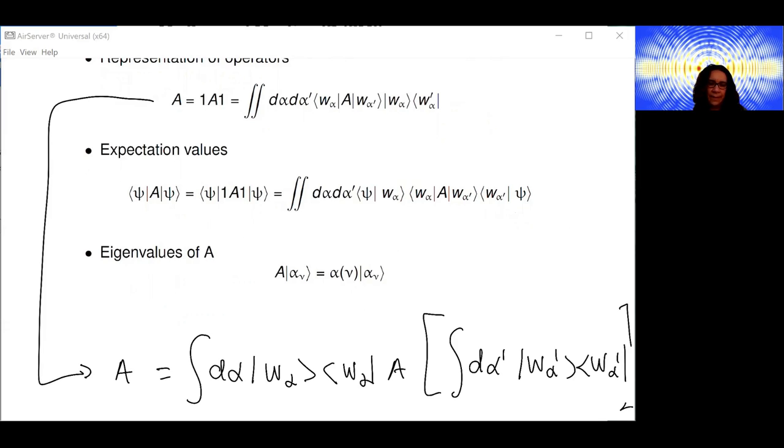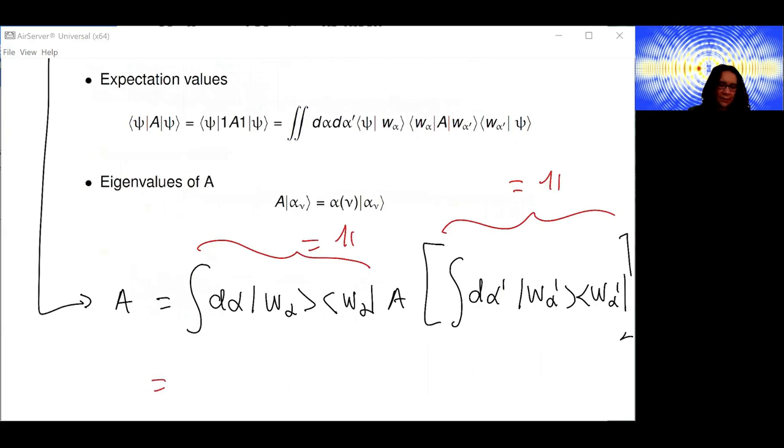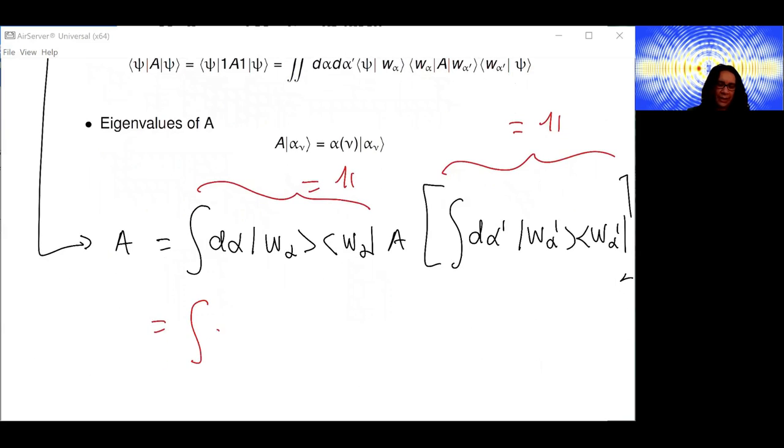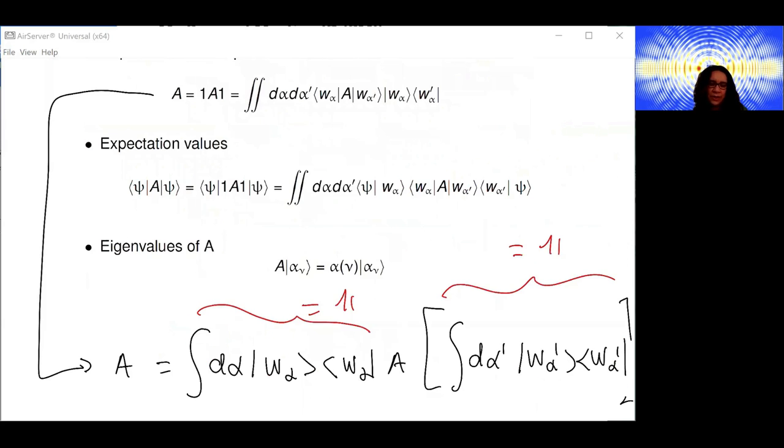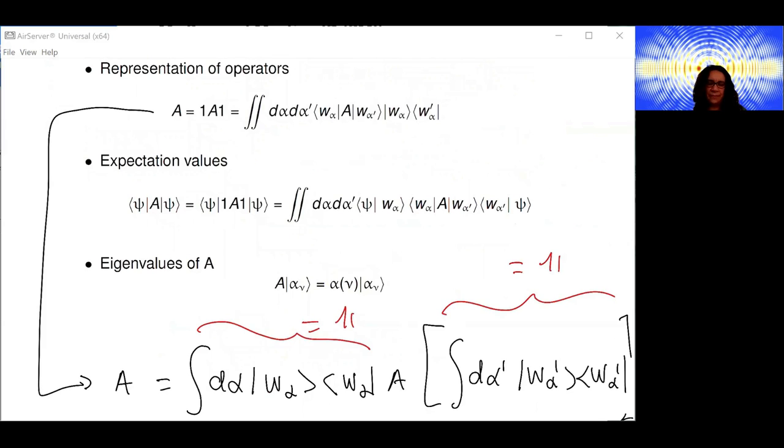So here this is equal to identity operator, this is equal to identity operator. And then when you do this, you end up with the double integral of ket omega alpha, A, ket omega alpha dash, and then here this corresponding bra omega alpha dash. Okay, so it's pretty much straightforward to see how they are going to work.